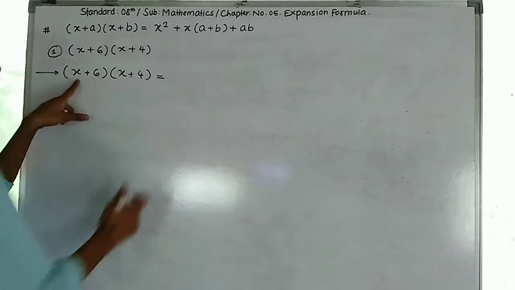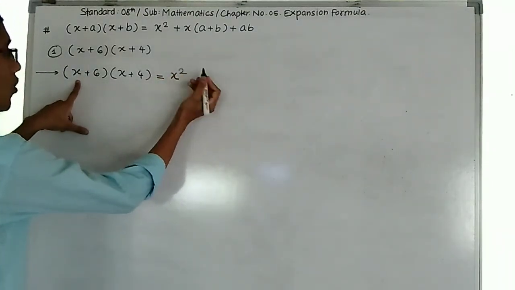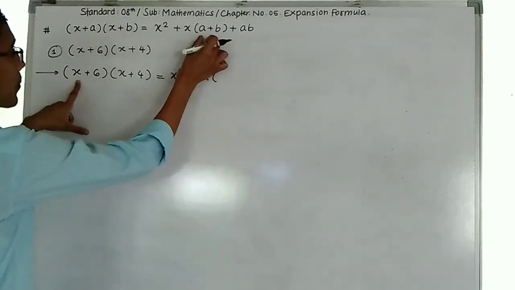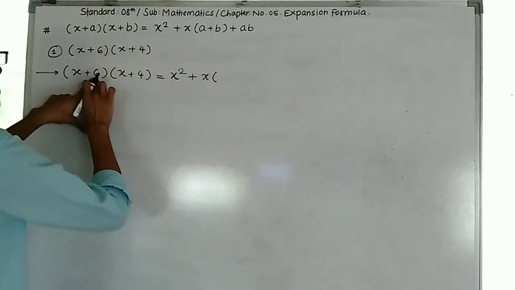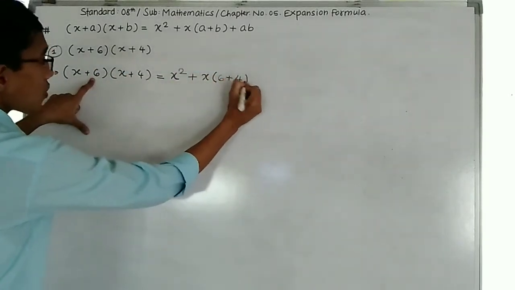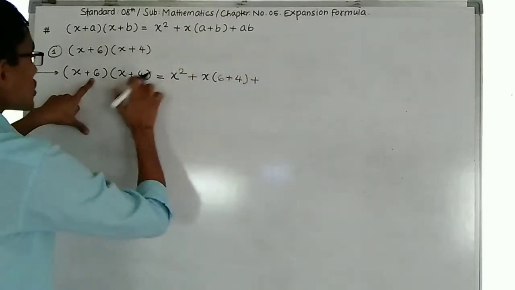So what I will get: x square, plus x. Now what is the formula? a plus b, so 6 plus 4, plus ab, that is 6 into 4.